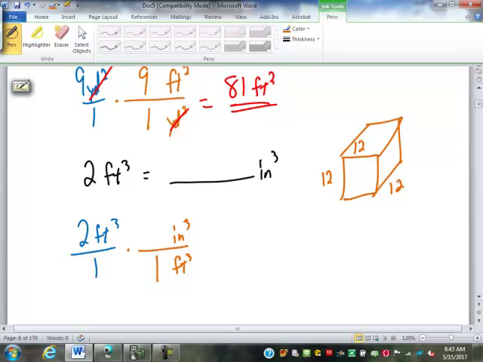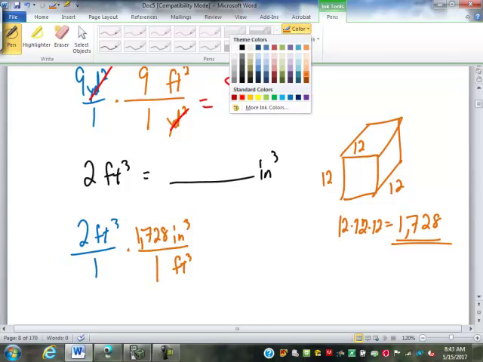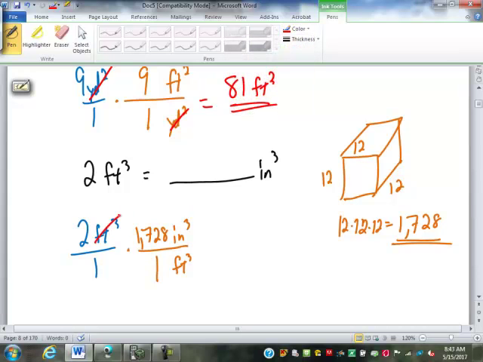Cubed is 12 by 12 by 12. Careful. 1,728. So it's 1,728 cubic inches in a cubic foot. So the cubic feet cancel out. 2 times 1,728 is 3,456 cubic inches.